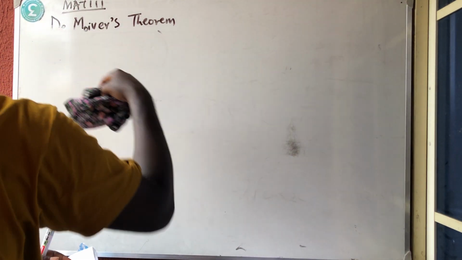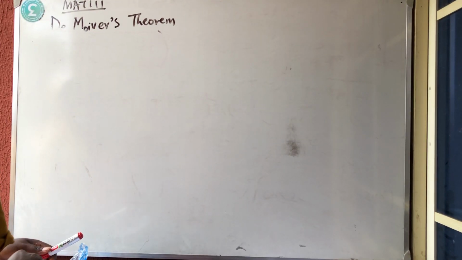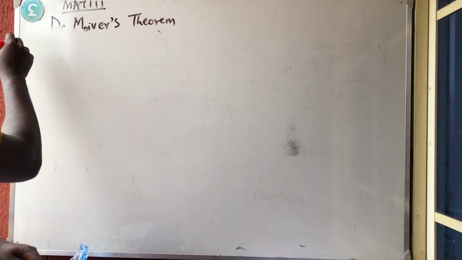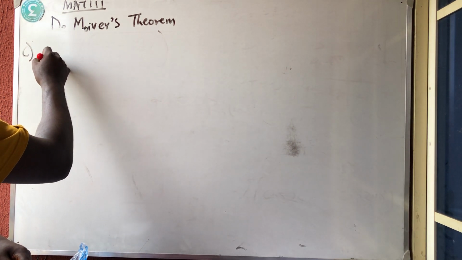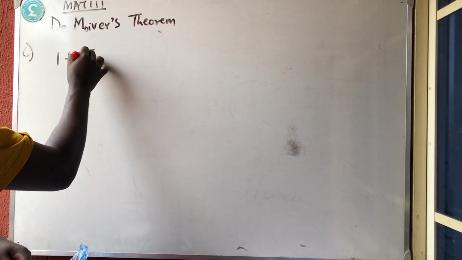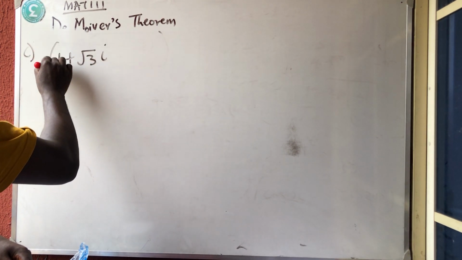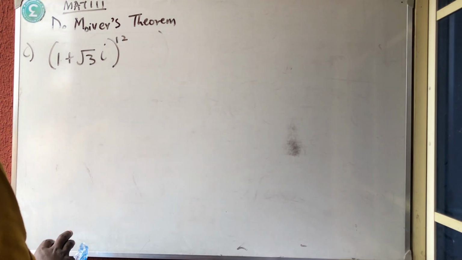The third question we are going to solve is 1 plus root 3i all raised to power 12. So how do we get this?